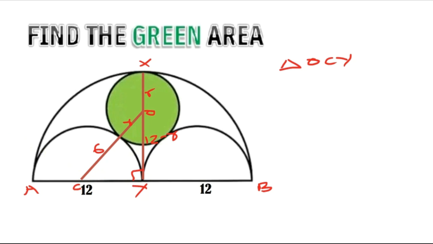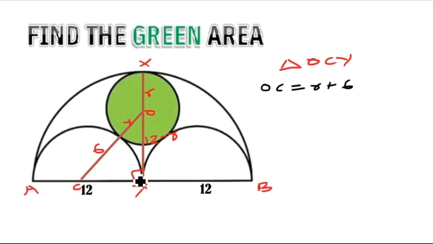Now how do we get the relationship between the sides of triangle OCY? We use Pythagoras theorem. And you can see the longest side is OC. So that longest side OC is from O to this point where the intersect is R, then from the circumference to the center here C is 6. So the whole length from O to C is R plus 6.